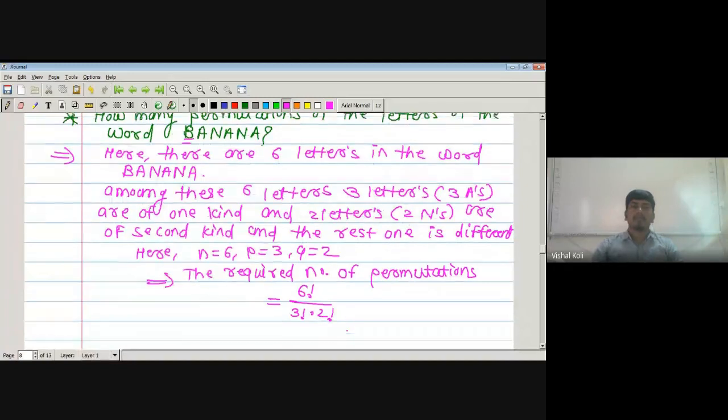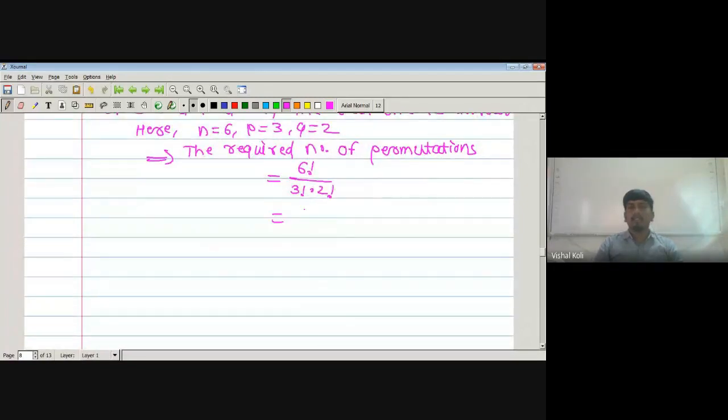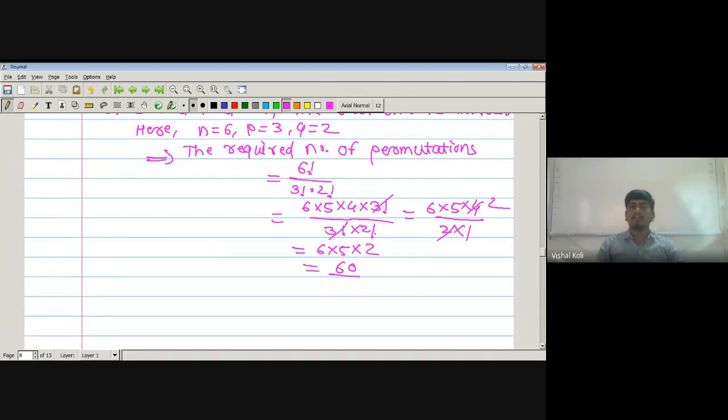This can be written as 6 into 5 into 4 into 3 factorial divided by 3 factorial into 2 factorial. So 3 factorial gets cancelled, and this is 6 into 5 into 4 divided by 2 into 1, that is 6 into 5 into 2. 6 into 5 is 30, 30 into 2 is 60. So the required number of permutations is 60.